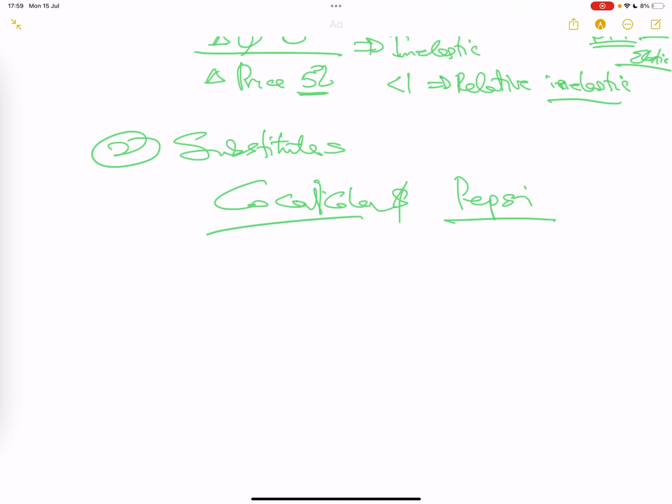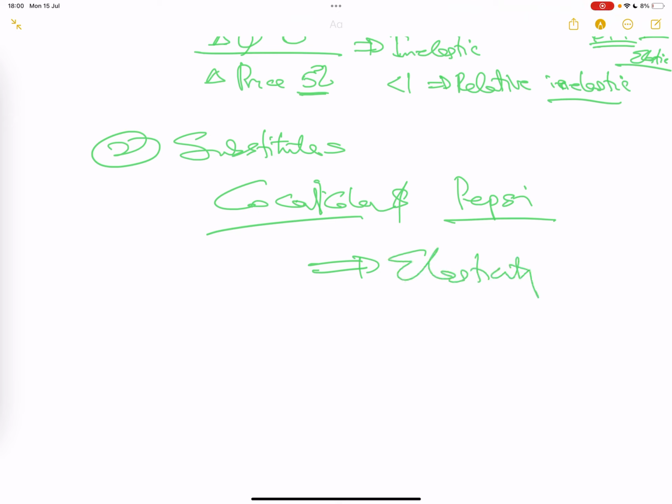The drinks are very alike. So what would you expect to happen if Pepsi decides to increase their price? People will jump to Coca-Cola. If Coca-Cola decides to increase their price, people will jump to Pepsi. So you can see there will always be a change. And once there is that change, there is elasticity.